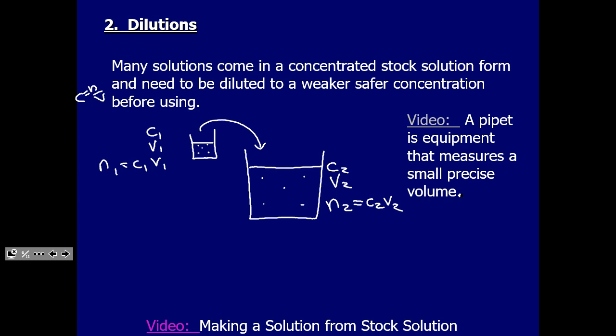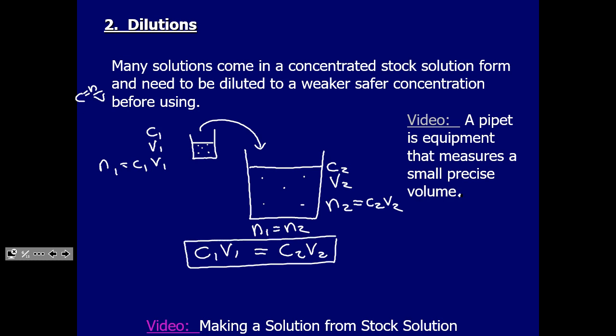What's true about N1 and N2? They're the same. The moles that were in the first are the moles that are in the second. So N1 is N2. My 5 dots and my 5 dots. It's just they're spread out more. They're dilute. Which means I can create this equation here. C1 times V1 equals C2 times V2. That is the dilution equation.